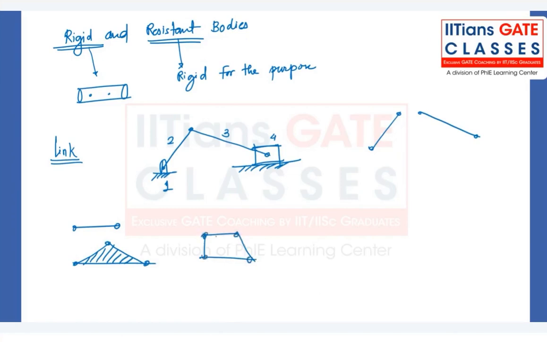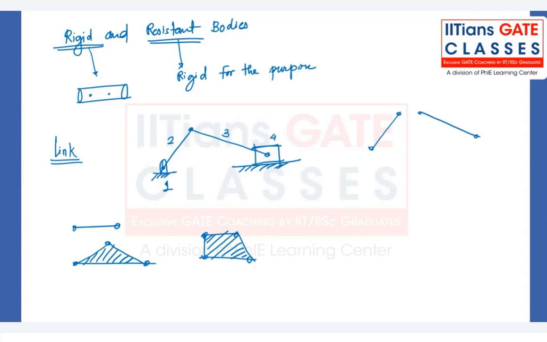So we can have different types of links: binary, tertiary, quaternary, and so on. Basically a link can be a single rigid body or it can consist of more than one rigid body. So whenever we say a link, we are talking about a rigid body only. So we got the concept of rigid body and link.